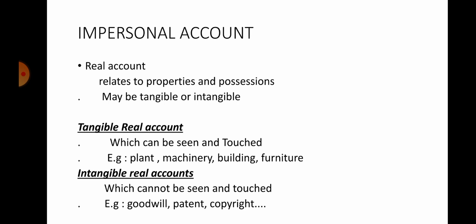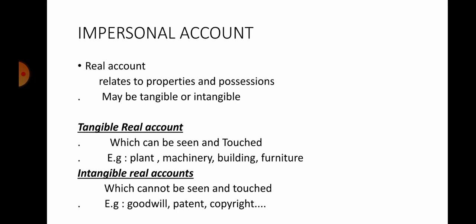Okay, patent. Patent is nothing but a right. For example, each and every company is having some symbols, some names. That other companies cannot use. That is called patent. Then copyright. Copyright is given for books.